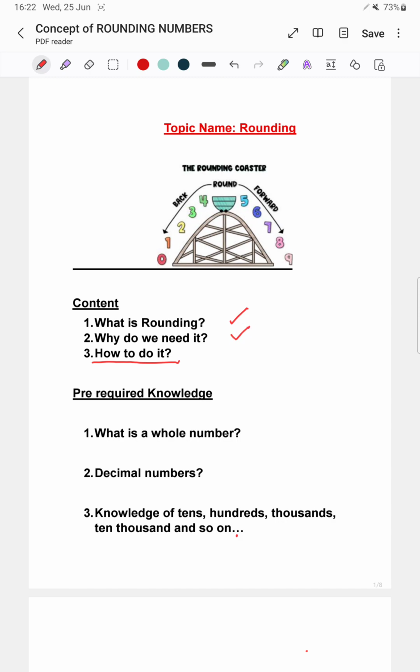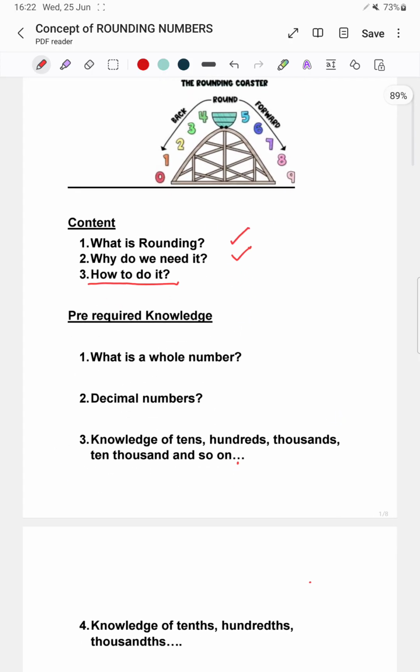Now before we jump into this topic of rounding the numbers, understanding its meaning and explanation, there are some basic terms which we must understand in order to do this concept of rounding. The first basic term which we need to understand is a whole number.